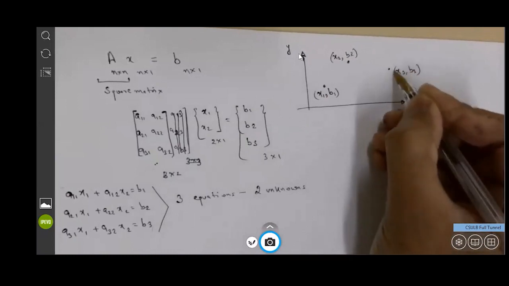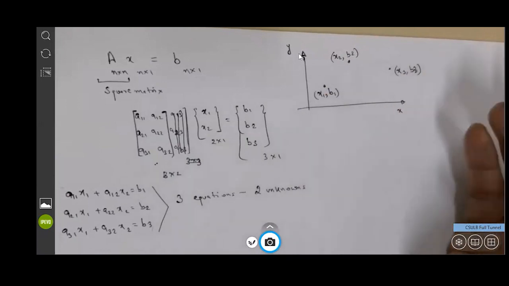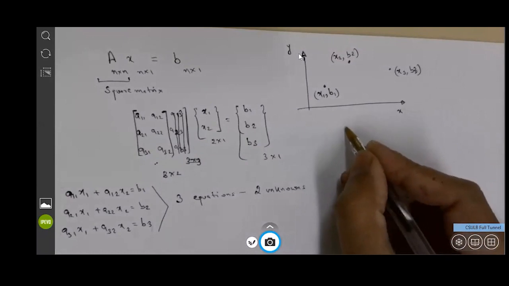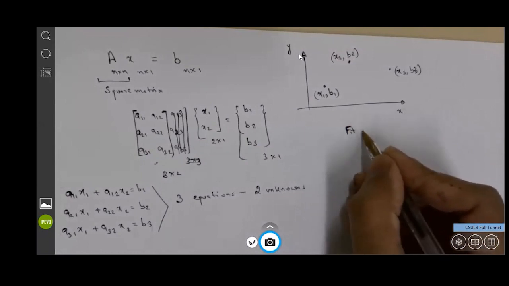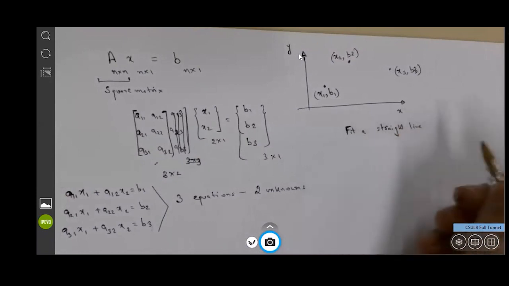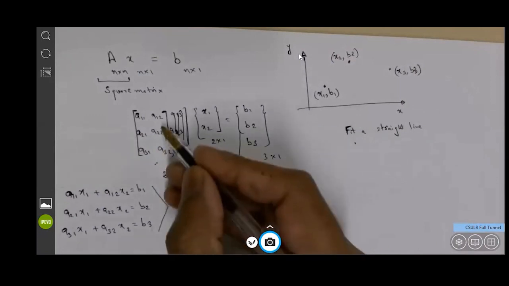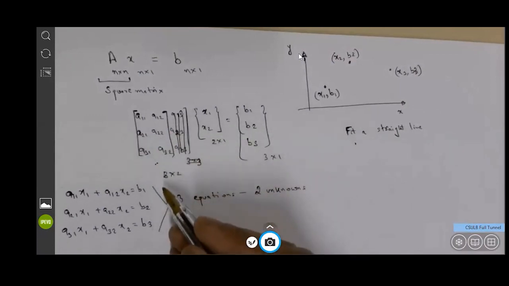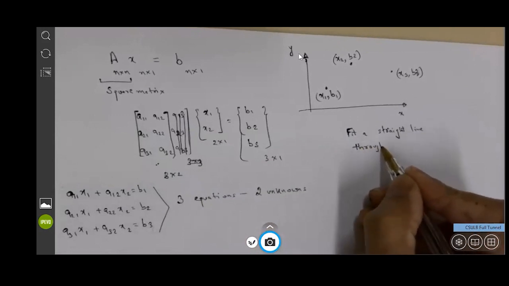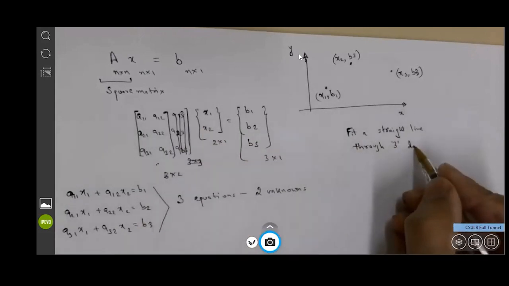I want to fit a straight line through them. It need not be 3, it can be 4, 5, 6, any number of rows. So fit a straight line through, let's say, 3 data points.